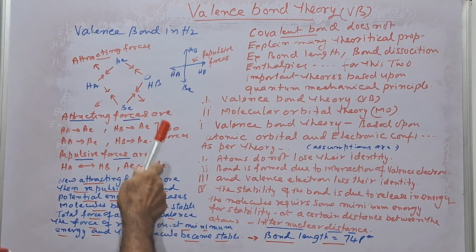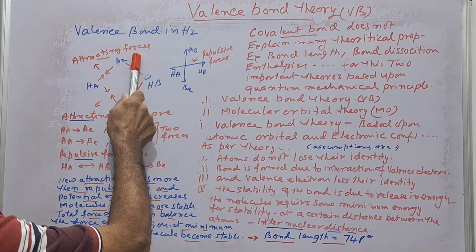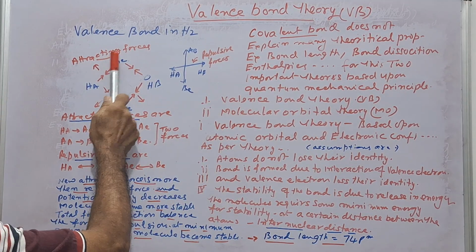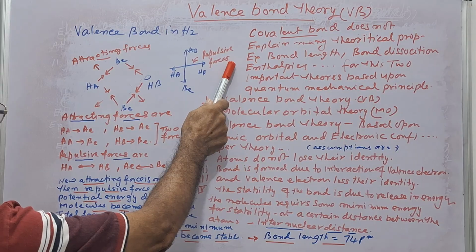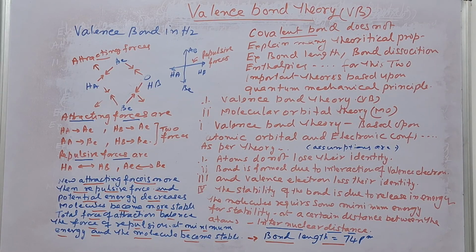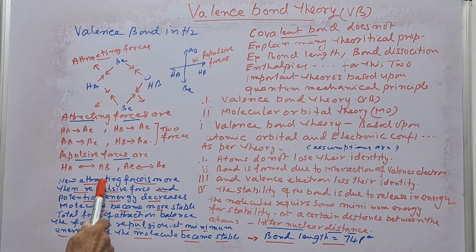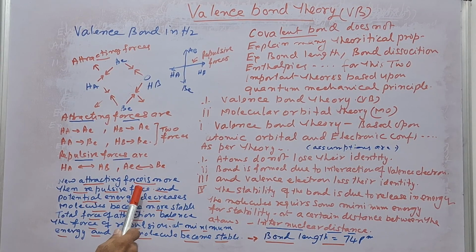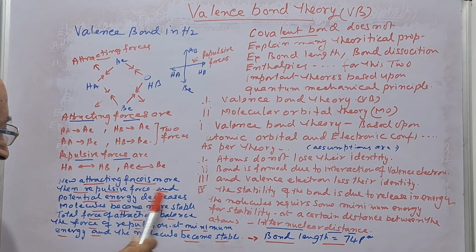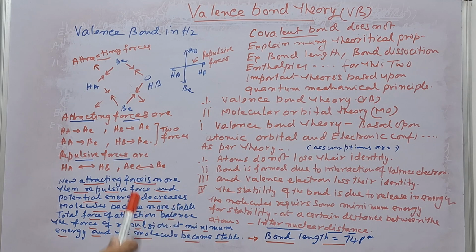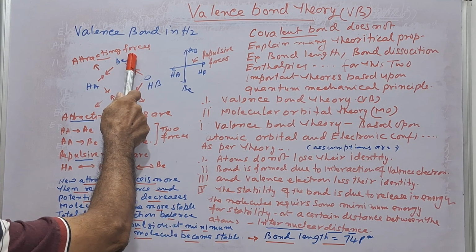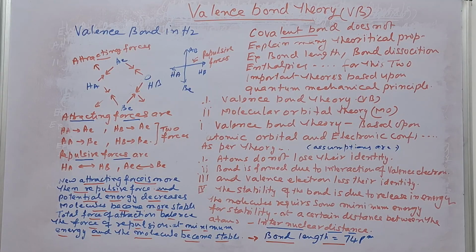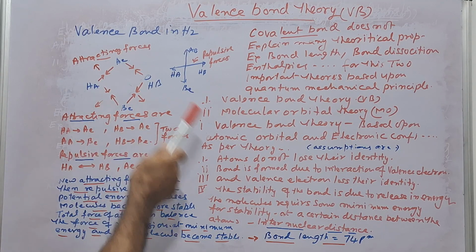So, when attractive forces balance the repulsive forces, the attractive force is more than the repulsive force, and the potential energy decreases. It means when the attractive forces are more than the repulsive force, energy will decrease.